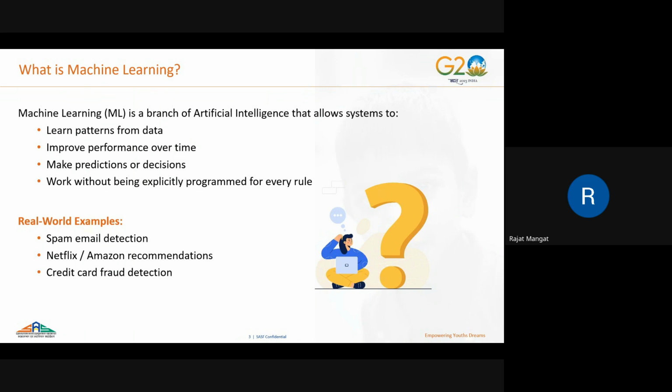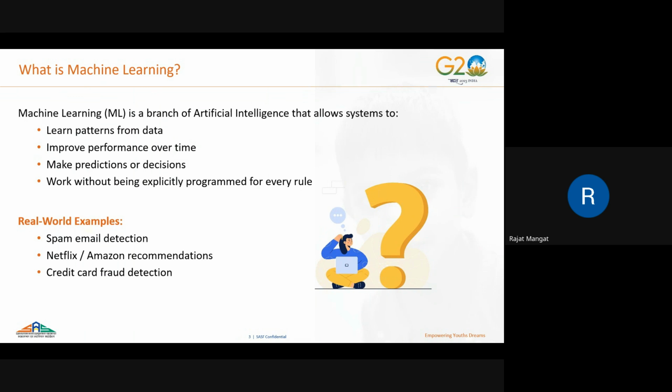Similarly, we are creating that part of AI, that is machine learning. We are making the machine, consider the machine as a student who doesn't have any knowledge, and you are teaching that machine: this is what this data means, these are certain patterns. Now, based on those patterns and data, you have to make certain predictions or decisions.